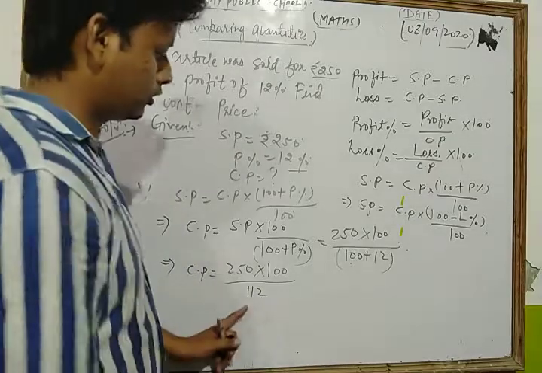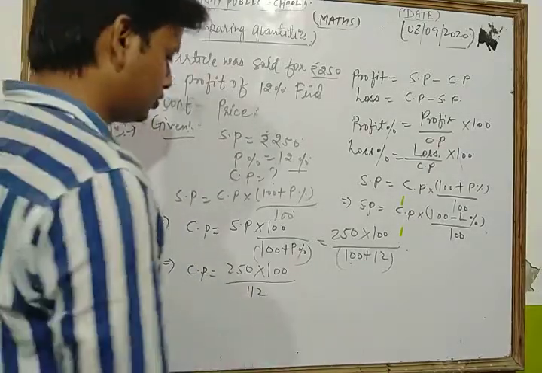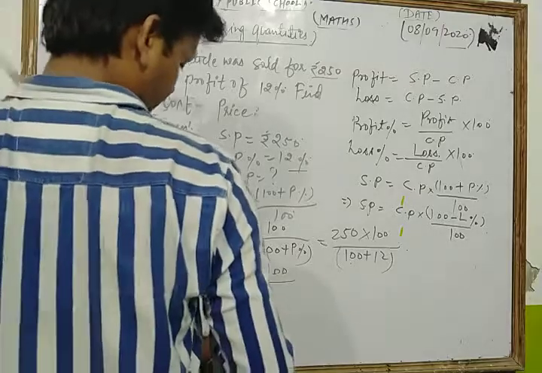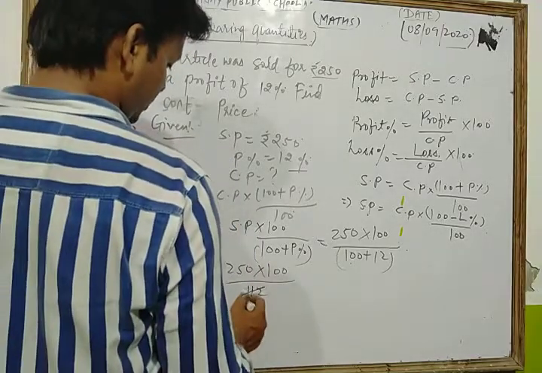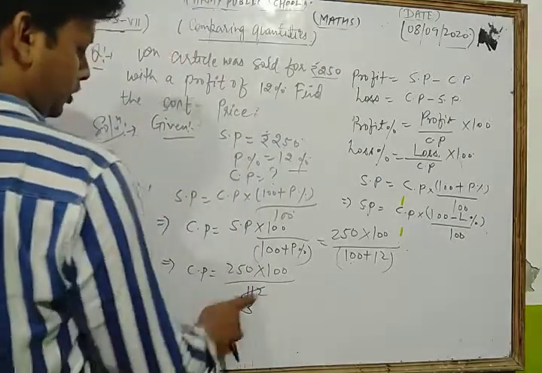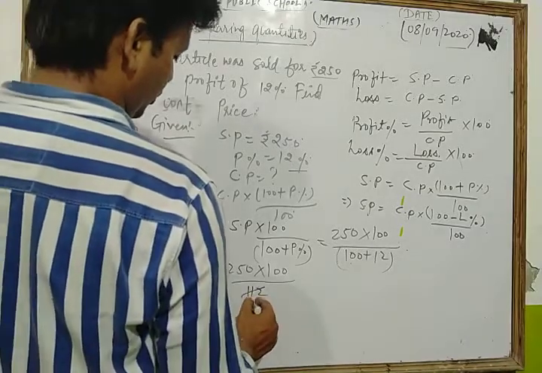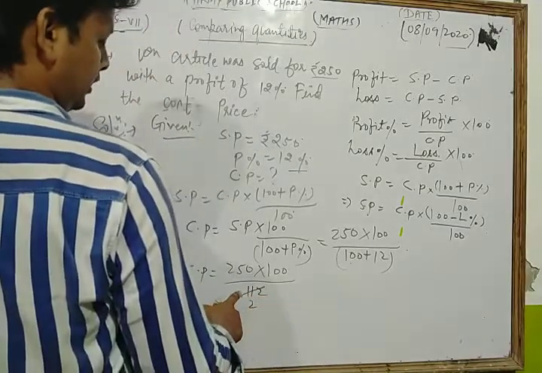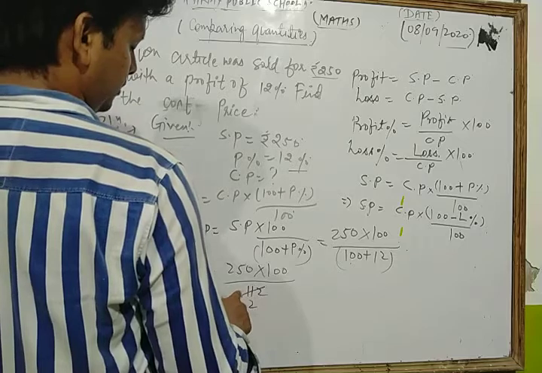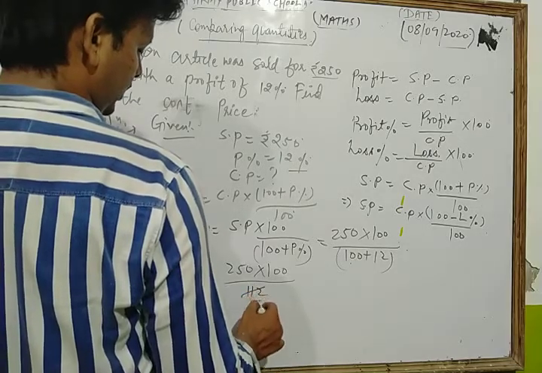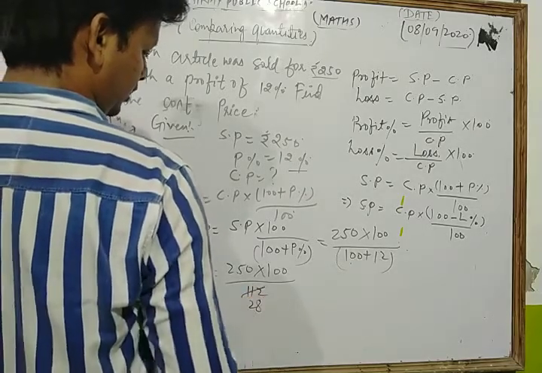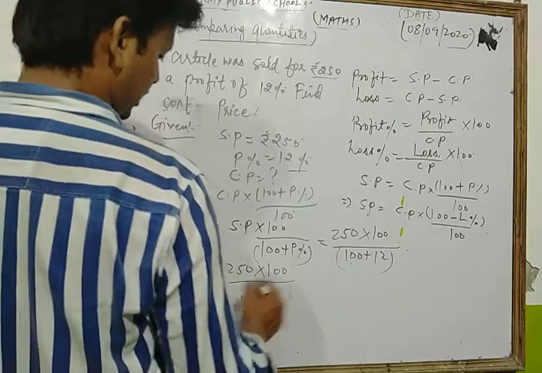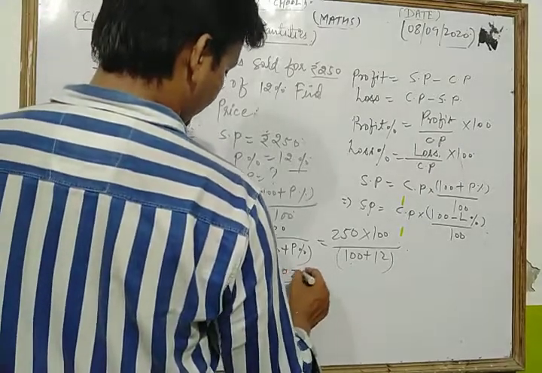Now we simplify that expression. 4 2 the 8, carry 3, 8. Now 4 25.